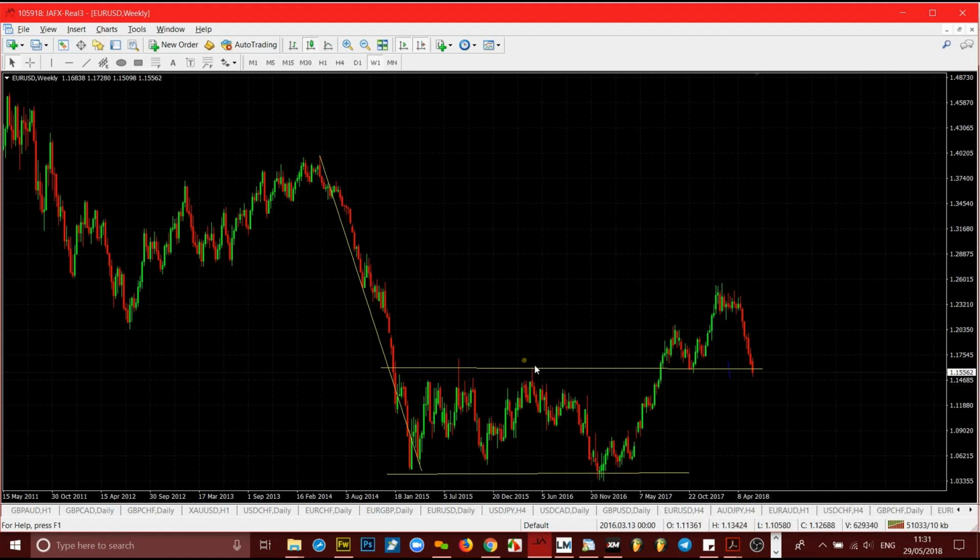Now, let me put this. If you look at this from here, after price got to this point, what did it do? It started going up. Let me put that sideways to stop out here so I don't confuse you. Because this is where it got to and then bounced off.